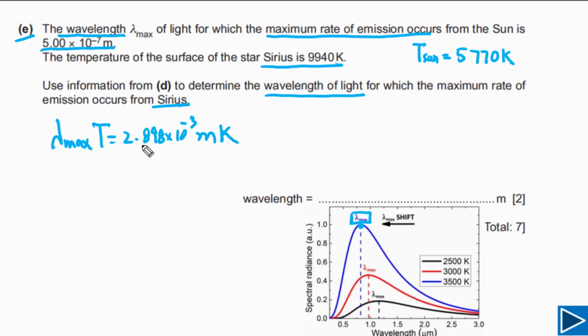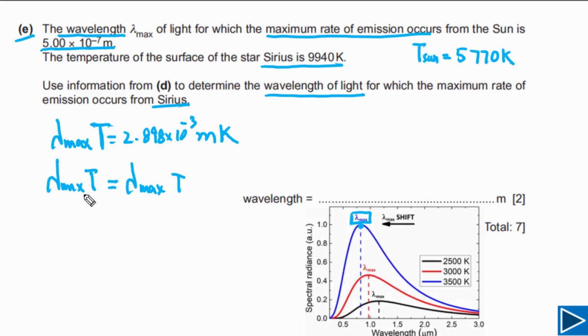So the lambda unit is meter, and the temperature unit is Kelvin. So this is meter Kelvin, not millikelvin. Now simply we have to use this. So lambda max times T for Sirius is equal to a constant, and if we use the same for the sun, that will also be equal to lambda max times T. It simply means that the product of lambda max and T is constant.